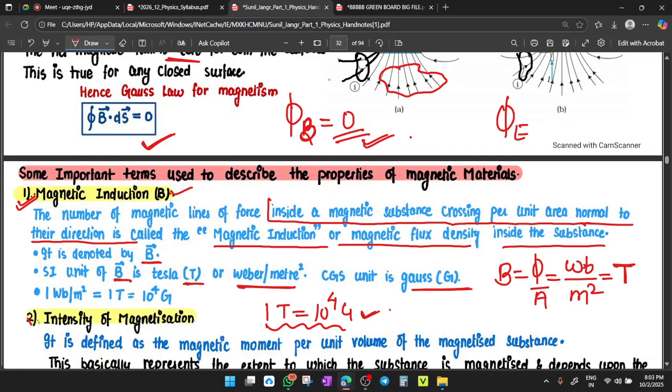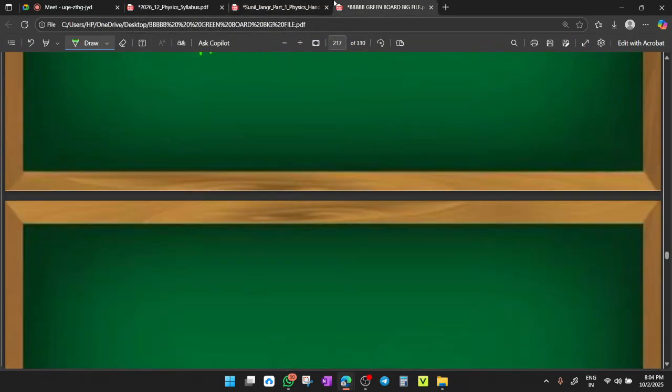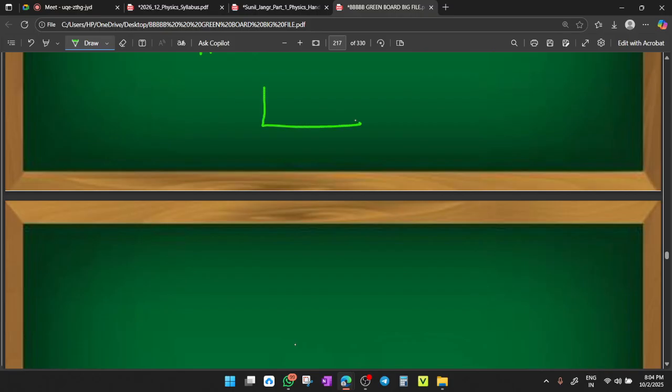Now, second is intensity of magnetization. See, this is our sample magnetic material. It's not a magnet, it's a magnetic material, a simple iron piece. Before magnetizing it, you can consider the iron molecules or iron atoms are arranged in random directions.